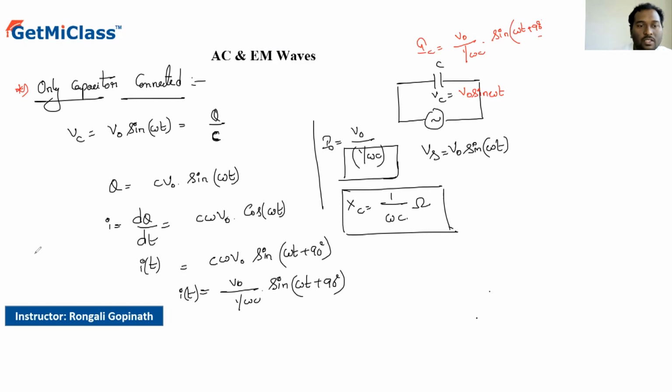So when we draw a phasor, if this is VC, this will be IC by 90 degrees. Basically, this is I naught. I naught is nothing but V naught by XC. This is V naught, the maximum voltage.